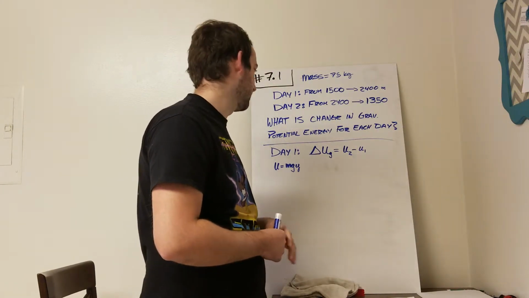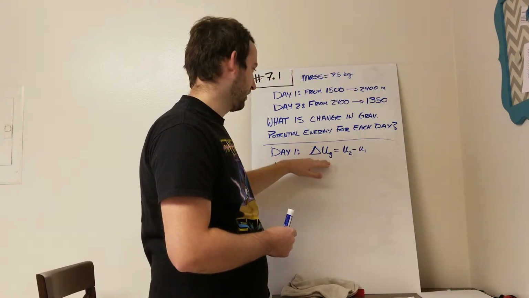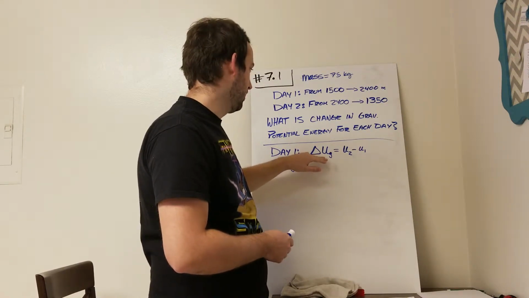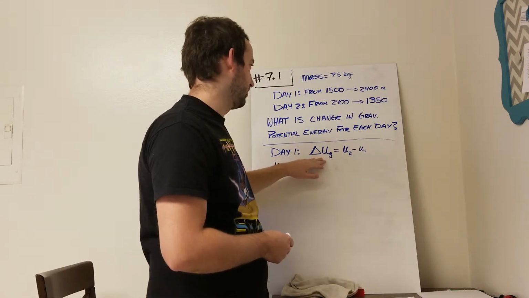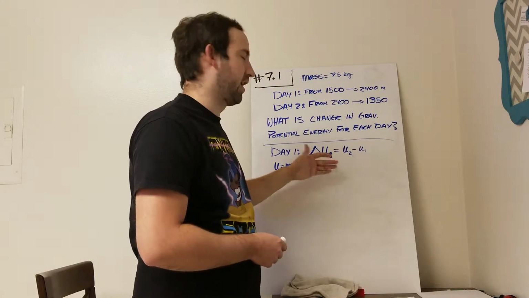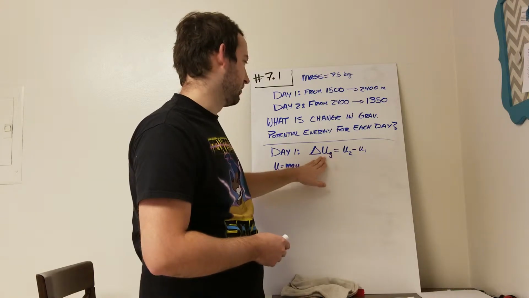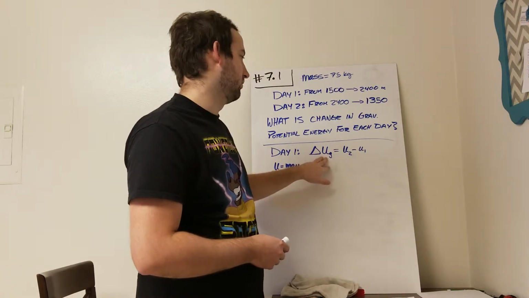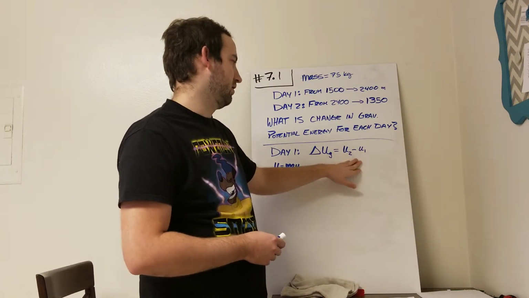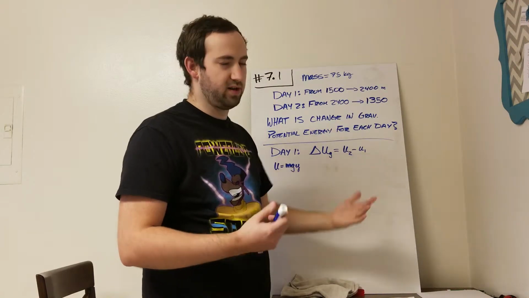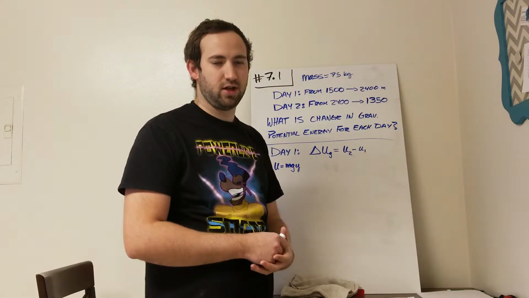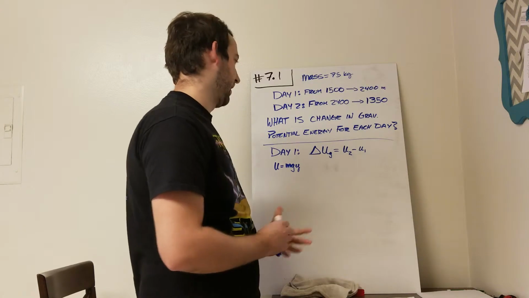Let's jump into it. So like I said, we're looking for the change in potential energy, or gravitational potential energy. The way we do that is delta U equals U2 minus U1, right? It's just the classic change pattern.